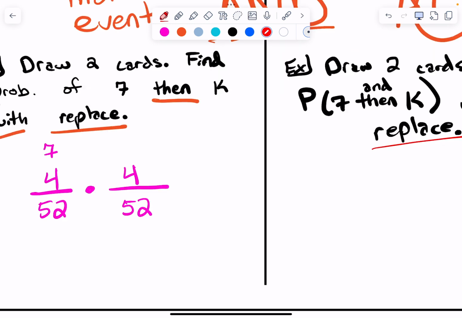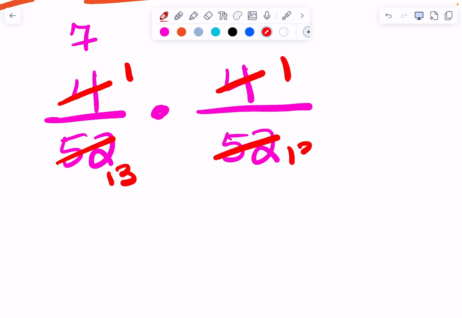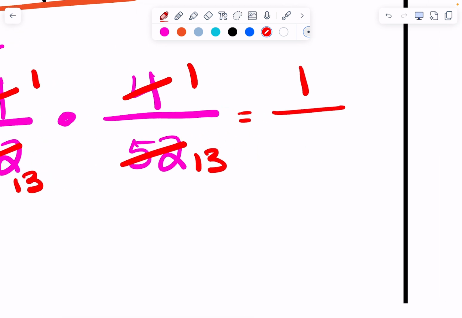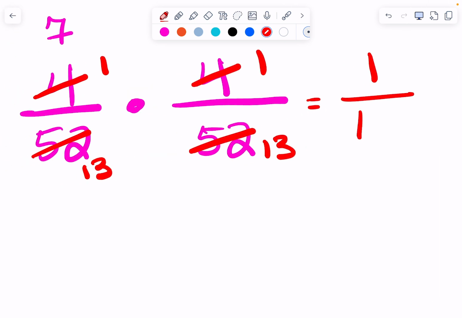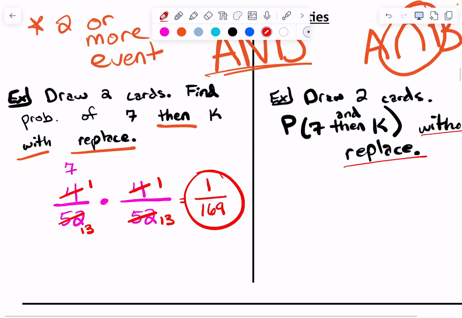Now, if we're going to multiply, I highly suggest you reduce beforehand. 4 over 52 will reduce really nicely. If I divide by 4, 4 divided by 4 is 1, and 52 divided by 4 is 13. And this is 1 over 13 as well. And then I just multiply the tops together. 1 over 13 times 1 over 13 is 1 over 169. So 1 out of 169 is the probability of a 7 and then a king when I put it back in the deck.